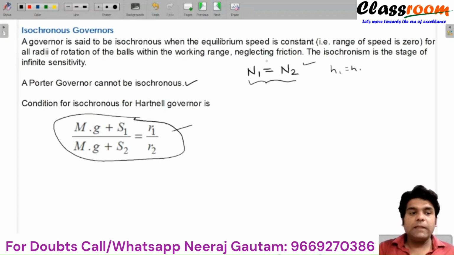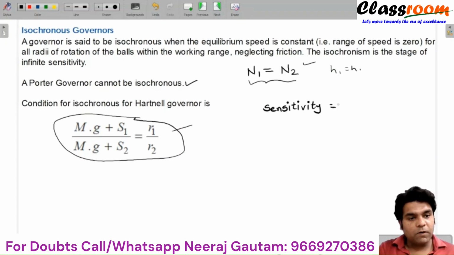Now, in the case of an isochronous governor, the sensitivity of the governor is the ratio of mean speed to the speed range.